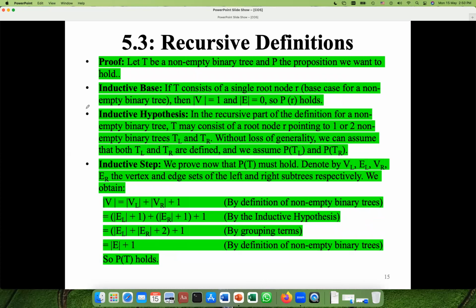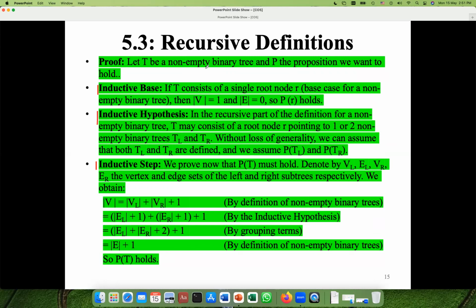Structural induction is again like this: we have the base case, inductive hypothesis, inductive step. So it is again very much similar to mathematical induction. Let's see what will happen. But we don't have P(k) and P(k+1) here. Proof.